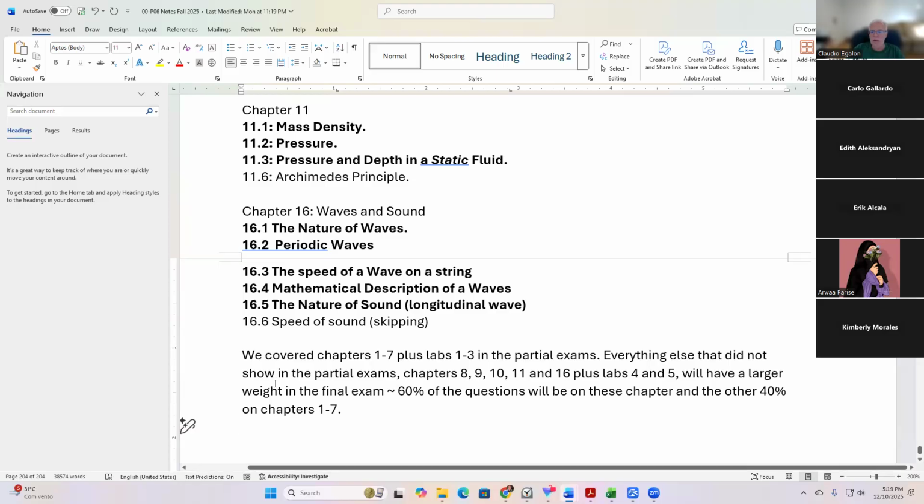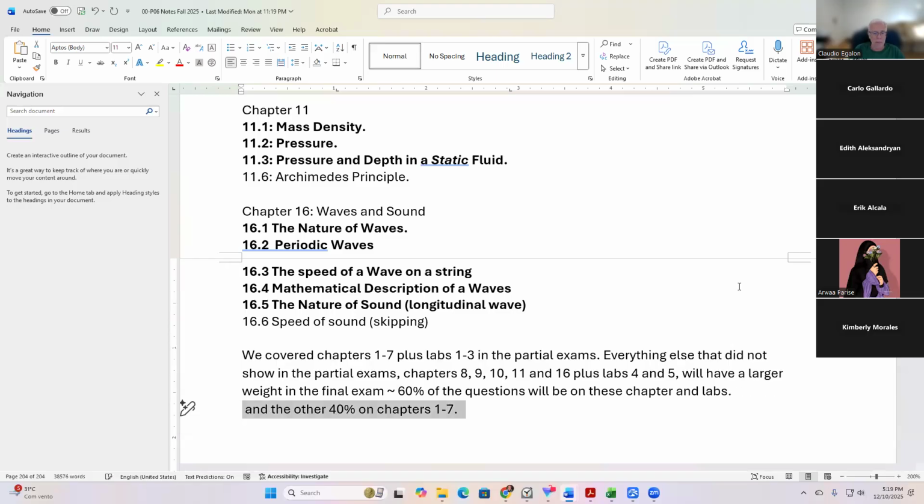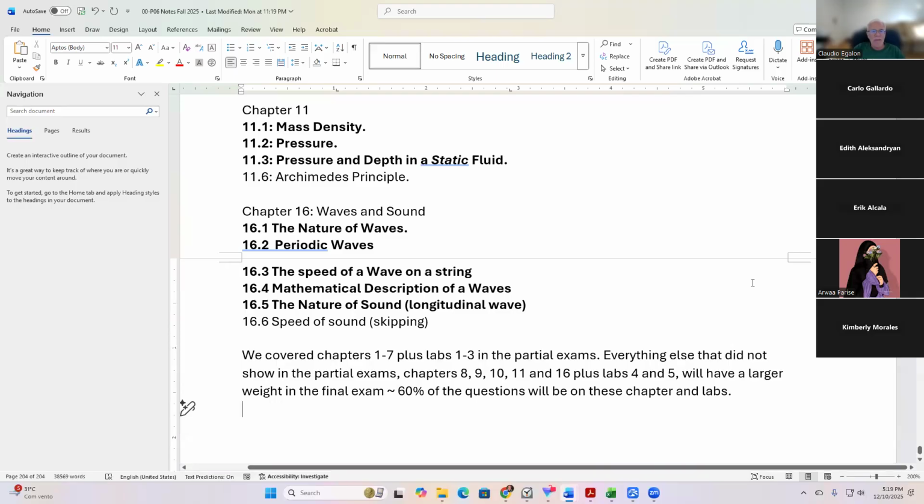Approximately 60% of the questions will be on these chapters and labs, so you can plan to concentrate your effort.